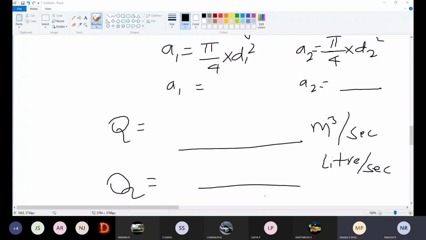Sir, 0.07143. Yeah. In terms of liters, I am getting 68 sir. 68 or 69? 69 is okay. I am getting 68, you check it once. Because the two values won't differ much, the difference is only a small fraction, so it is okay.